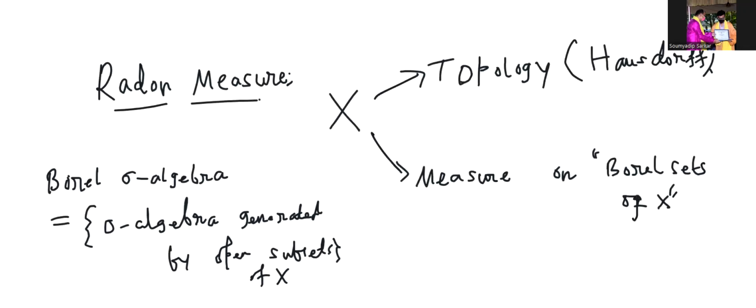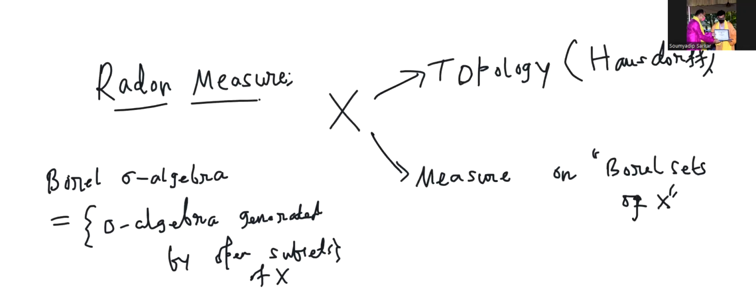Now what is a sigma algebra? A sigma algebra is a particular collection of subsets of X which follows some particular rules. What are the rules? It has to be closed under taking complements and countable unions. That's what we mean by a sigma algebra on a set X. Now, how do you generate a sigma algebra from some given open subsets?